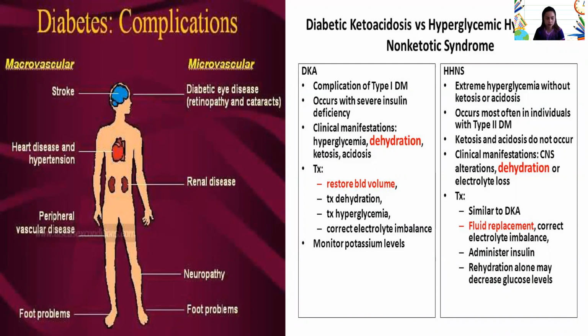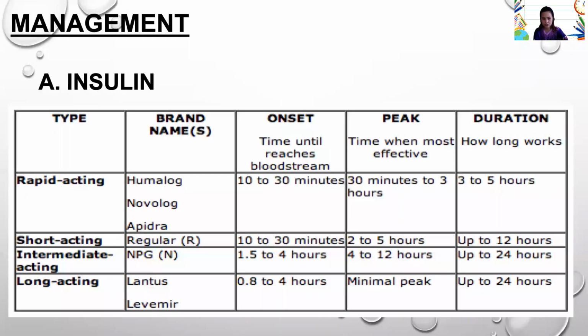Then, heart disease and hypertension, renal disease sa kidney, peripheral vascular disease, so pwedeng kaya nangingitim yung mga paa mo at kamay mo. Neuropathy, namamanhid, foot problems, like gangrene. So these are the complications.